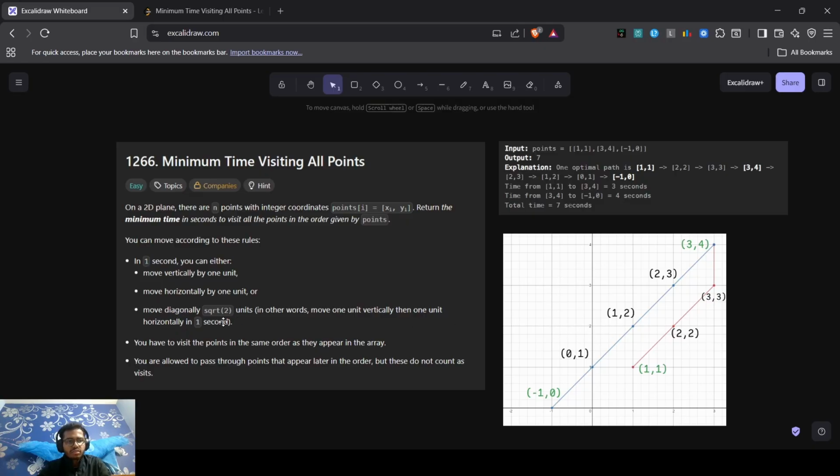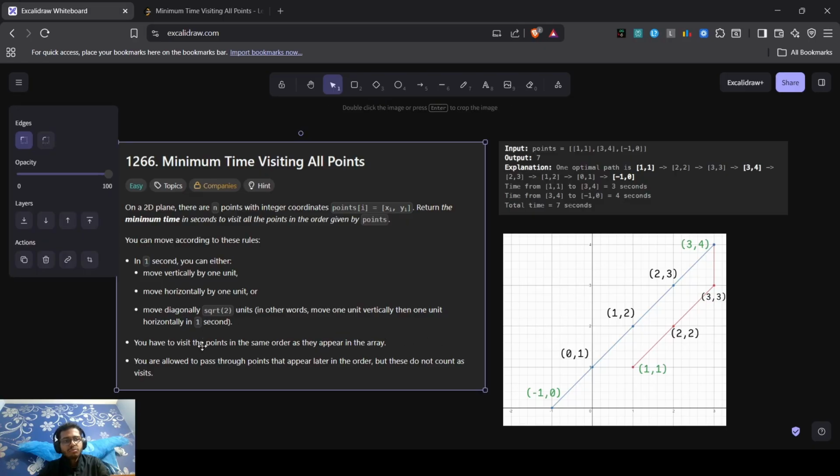Move diagonally square root of 2 units. In other words, move 1 unit vertically, then 1 unit horizontally. That means this move. Like from here, you are going to there. This move, you need to first go horizontally, then vertically. So this contains a complete diagonal move, and a diagonal move also costs 1 second.